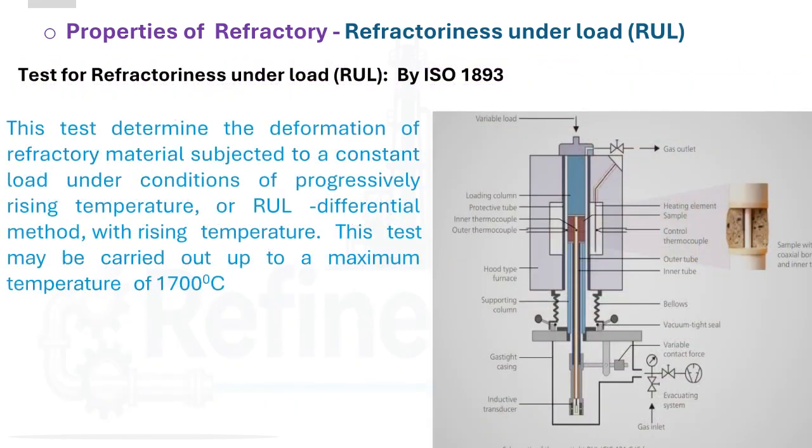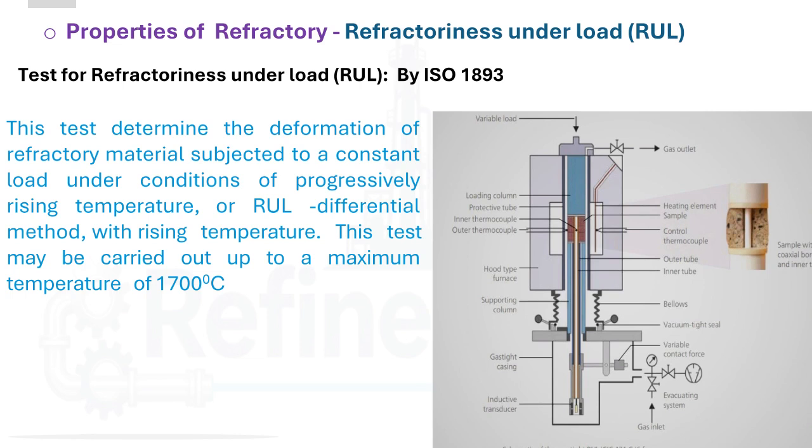Now let us look at the ISO 1893 method, a different approach to measuring refractoriness under load, or RUL. Unlike the ASTM C16 procedure, the ISO method evaluates refractory deformation under a constant load, while the temperature rises progressively. This is often referred to as the RUL differential method.